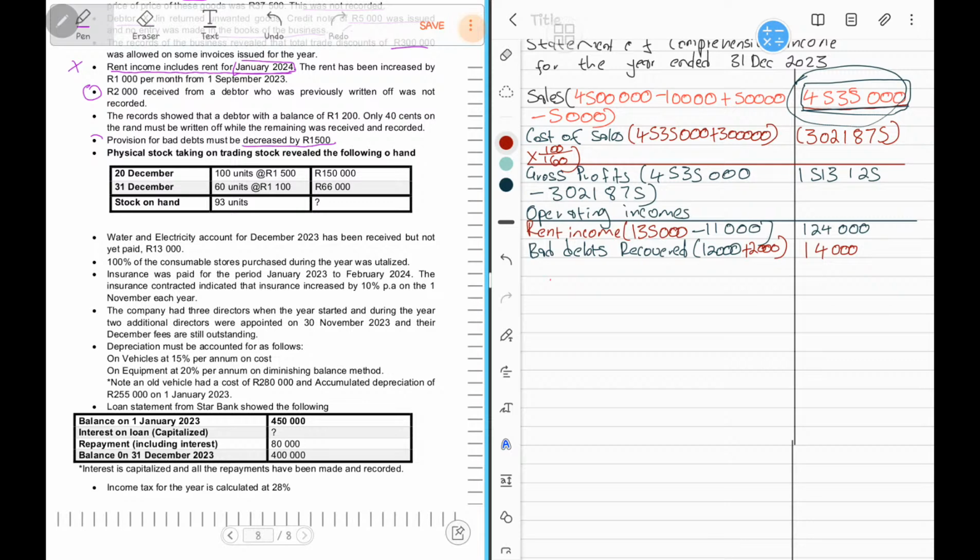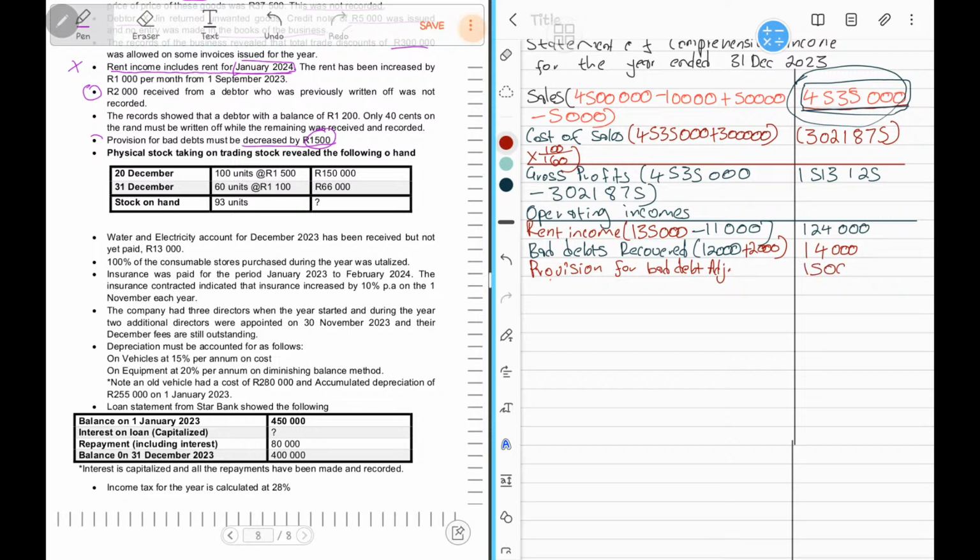If it increases by, bring it to the expense side. So this one, it is a decrease by, it is an income. So we're going to say provision for bad debts adjusted. Then we're going to record the whole 1,500.